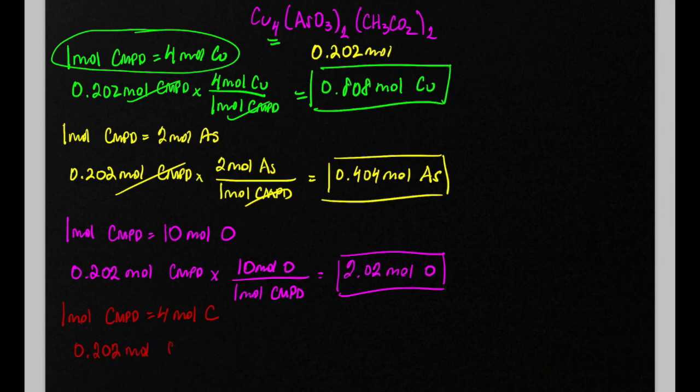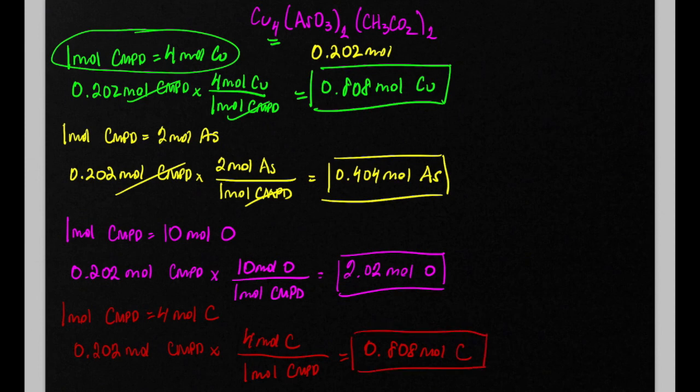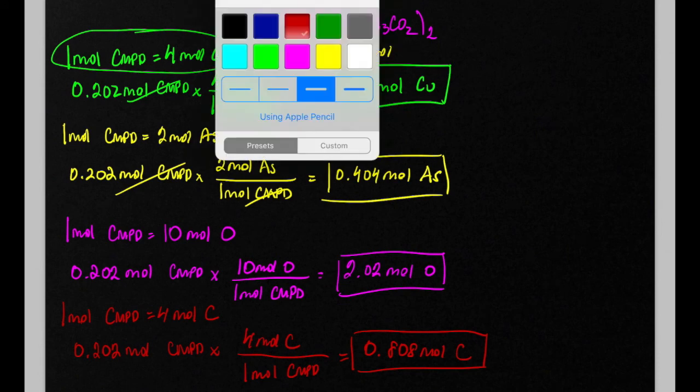So we set up the conversion just like previously, but this time we're going to multiply by 4 moles of carbon over 1 mole of compound. And we're going to get the same number as with copper, but it's important to write units. Very carefully write moles, and very carefully write the element symbol or the formula of the substance you're talking about.